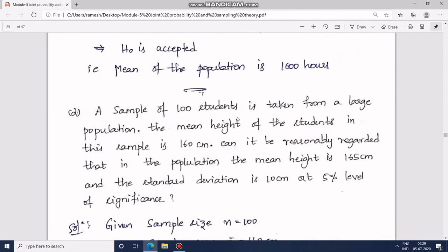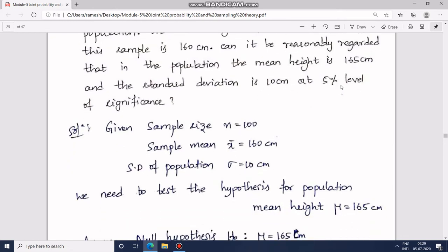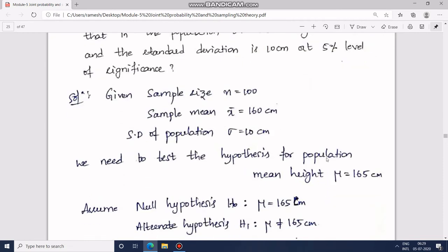The mean height of the students is also given, that is 160 centimeter, which we call the sample mean, denoted by x bar, equal to 160 centimeter. The standard deviation of the population is given, that is 10 centimeter. We need to test the hypothesis for the population mean height mu equals 165 centimeter at 5% level of significance.